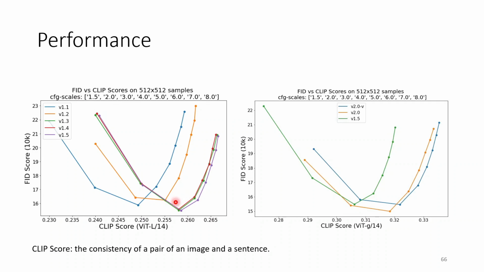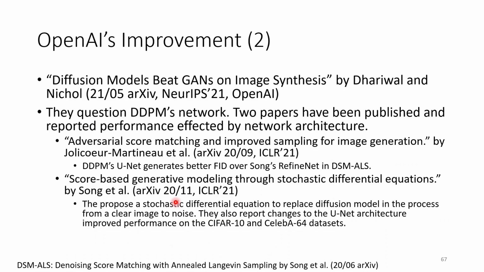Okay, so let's explain what is the guidance factor. We need to go back to the paper, Diffusion Models Beat GANs on Image Synthesis. So okay, so let me just quickly go through it.